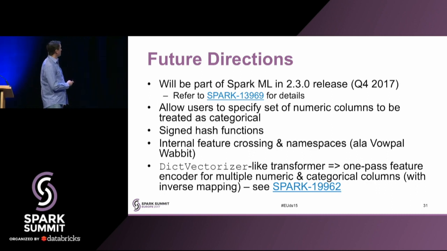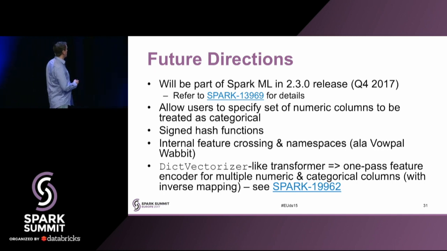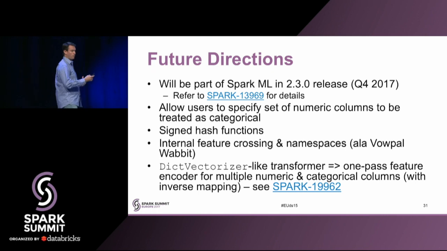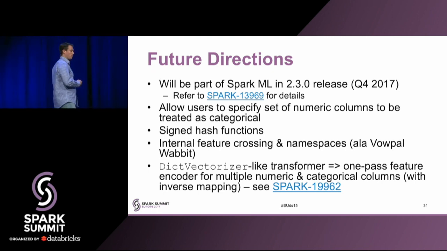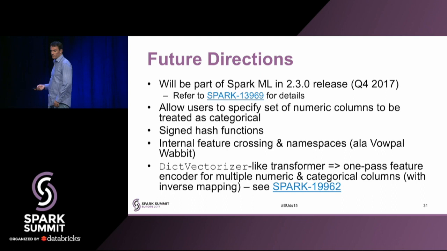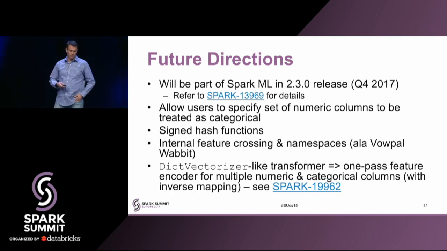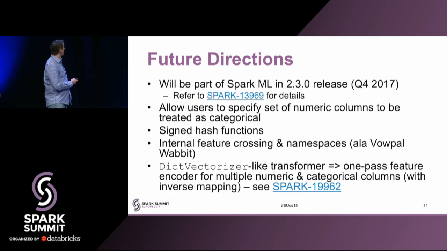What they do is on-the-fly interactions and crossing of features. So rather than explicitly exploding this vector using a polynomial feature expansion, which exists in Spark ML, and exploding your memory, they do this on the fly while computing the hash functions. And I think that would be something great for this feature hasher.